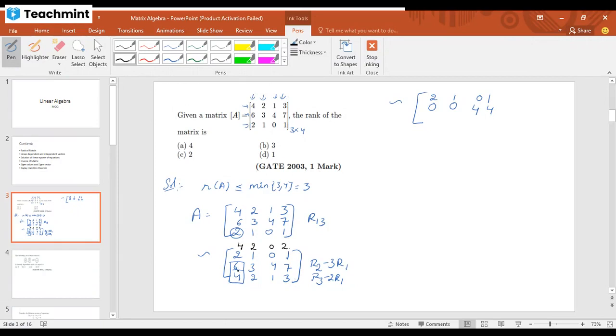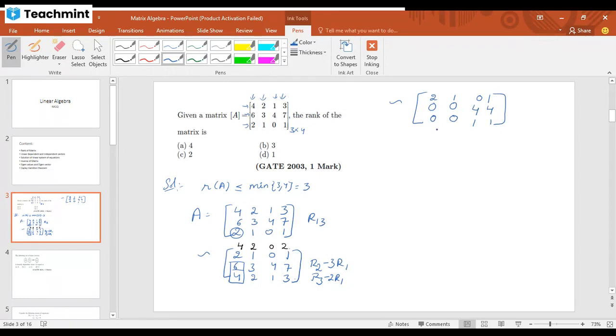Now 4 minus 4 is 0, so the third row elements become 4 minus 4 is 0, 2 minus 2 is again 0, 1 minus 0 is 1, and 3 minus 2 is 1. So now these are our second row and third row elements.